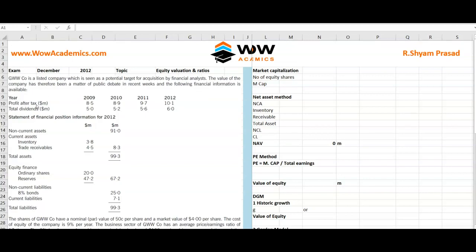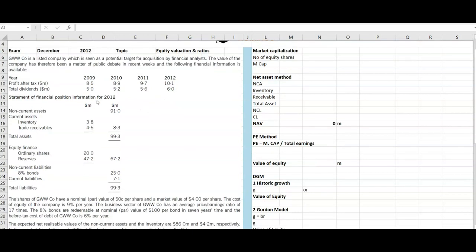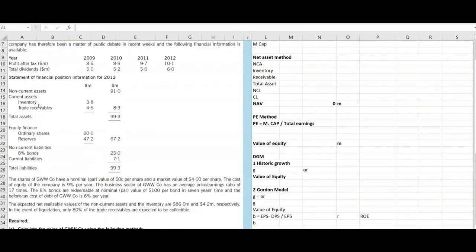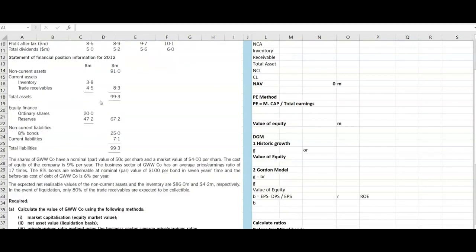They have given you profit after tax in million, then they have given you total dividends in million, and they have also given the statement of financial position for the 2012 year. So we have non-current asset, inventory, trade receivable, ordinary shares, reserve, bonds and current liabilities.